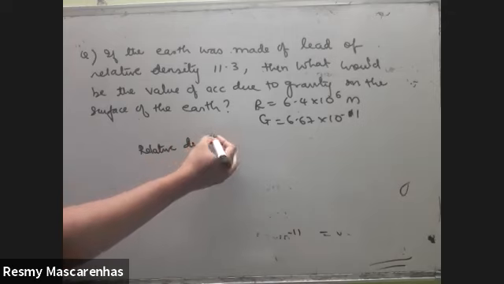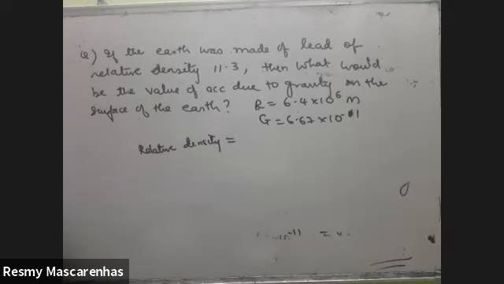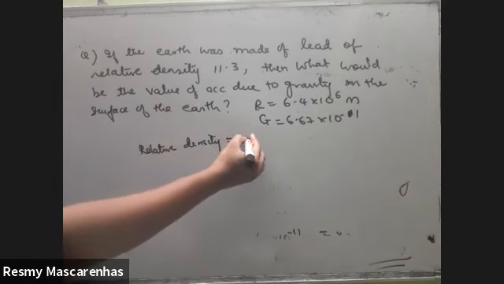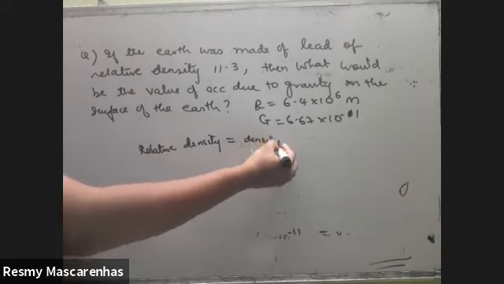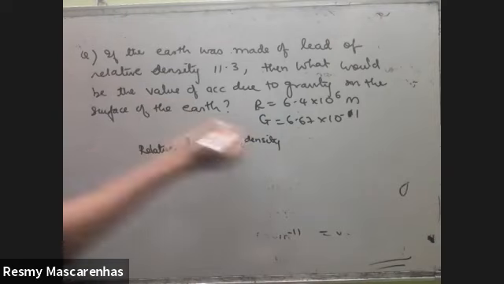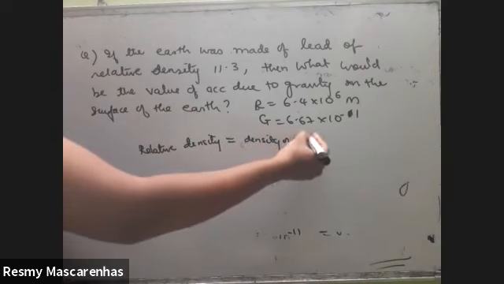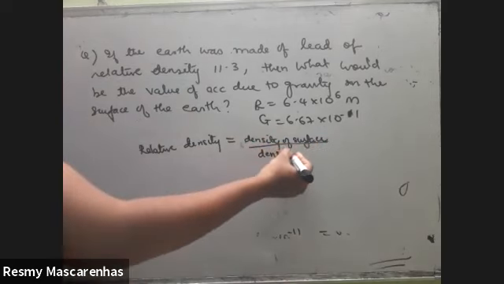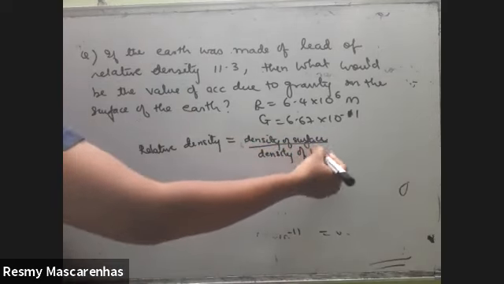Relative density is always equal to the density of the substance divided by the density of water.